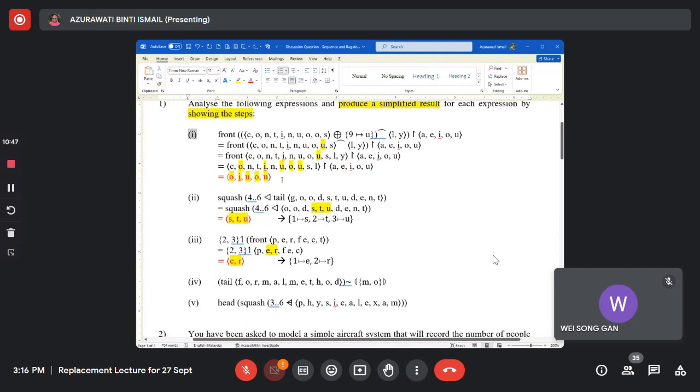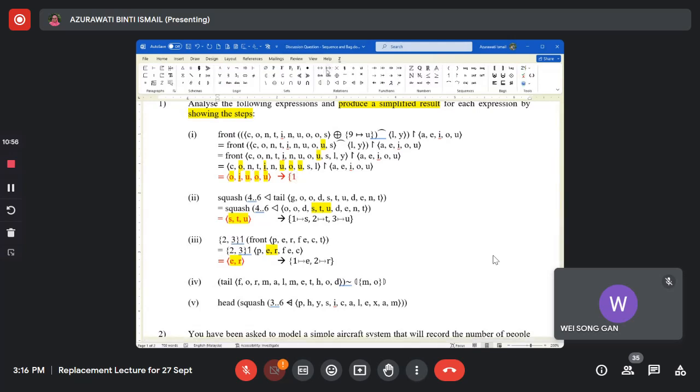Number one also, if you want to show in function style, you have like this. One for this one. If you want to show in function style, two, you have I, three, you have U, four, you have O, and then five, you have U again. So the numbering will be different already.